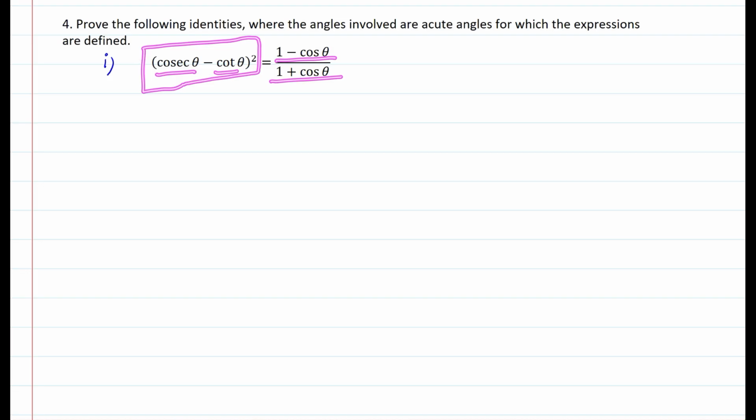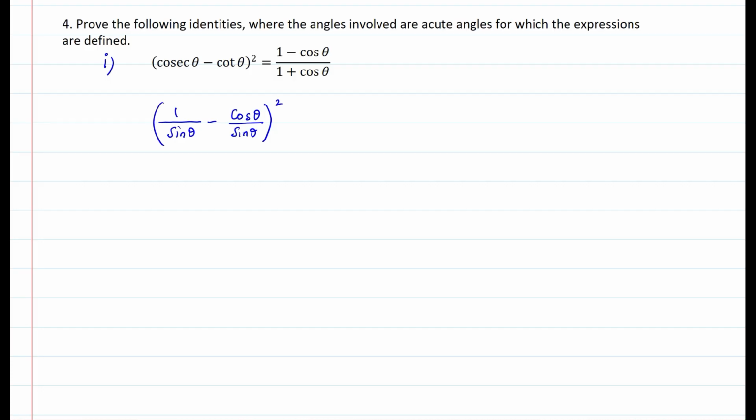So if we convert cosecant and cot to sine and cos, then there is a possibility we can arrive at the right hand side. So 1 by sine theta minus cot theta, which is cos theta by sine theta, the whole square. This implies, if you take the LCM for these two, that will become sine theta.